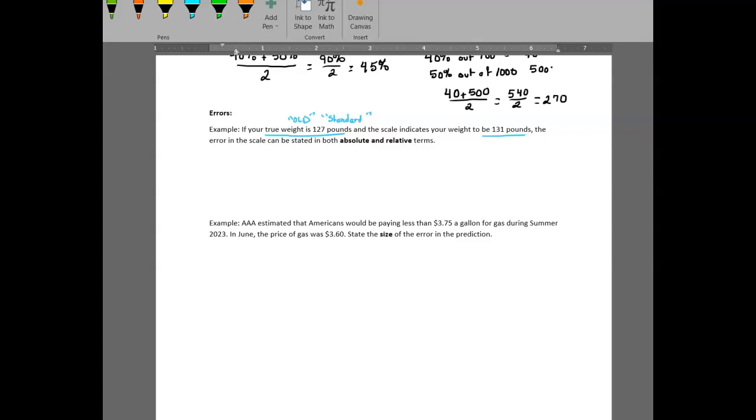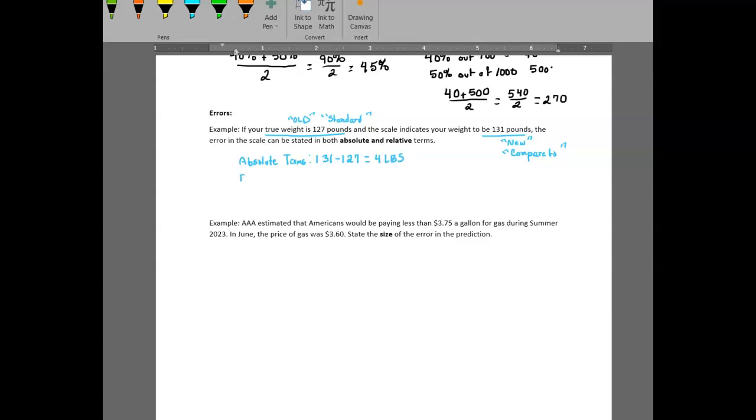And then the errored weight, so the 131, is either the new idea or the compare, if you want to think of the words that we've already used. So in absolute terms, we would take 131 minus 127 pounds, which means it's 4 pounds.